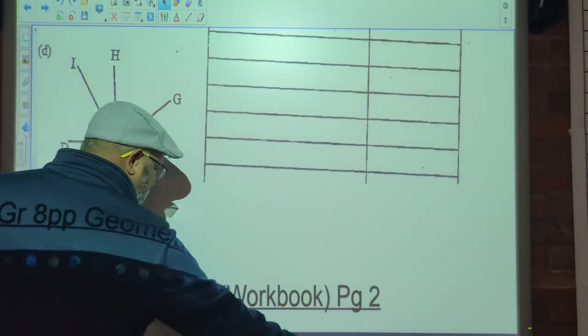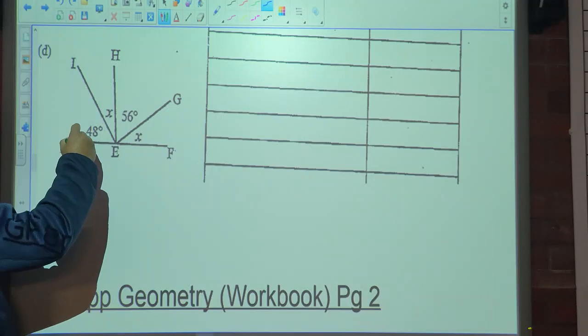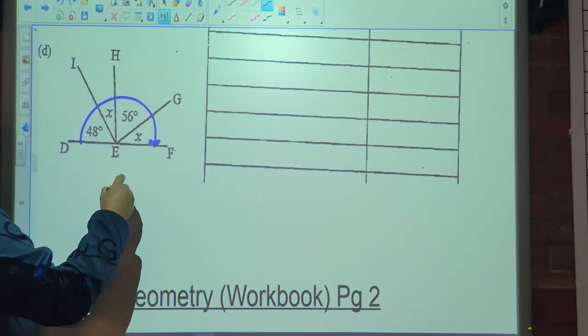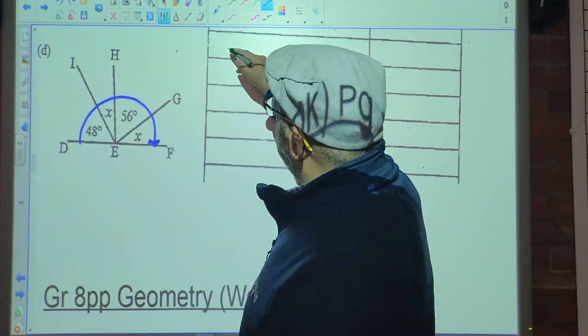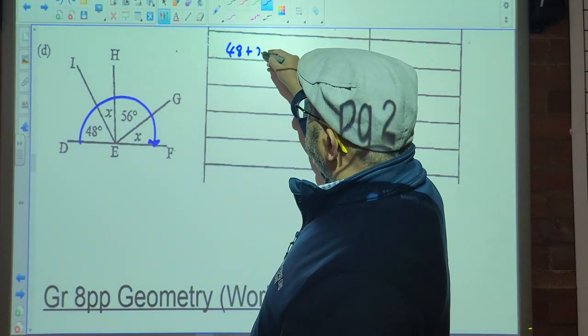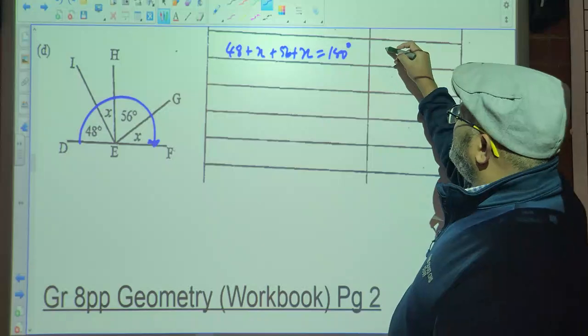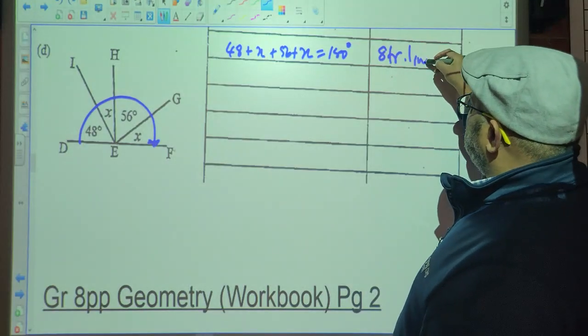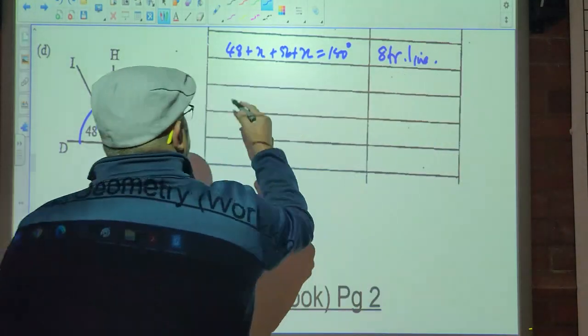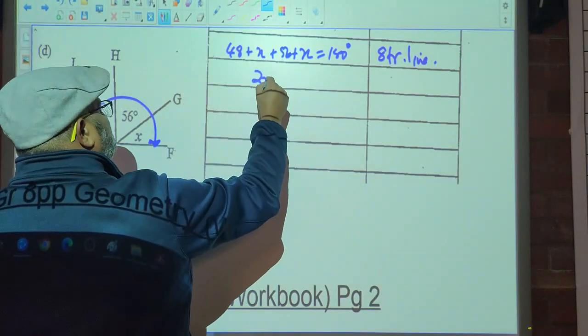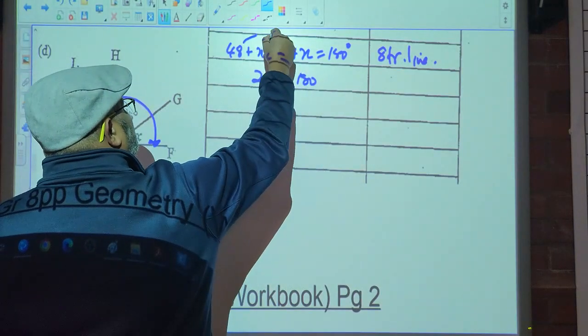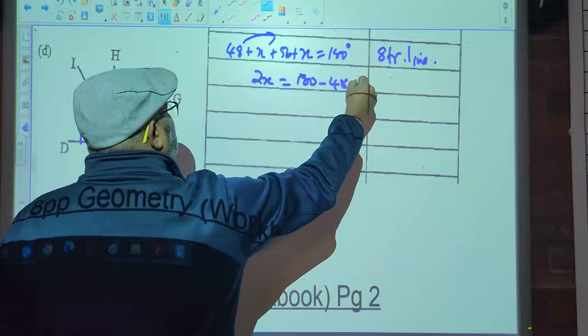I'm going to solve for x. Angles on a straight line. What do I say? 48 plus x plus 56 plus x equal to 180. Why? What's x plus x? 2x equal to 180 minus 48 minus 56.